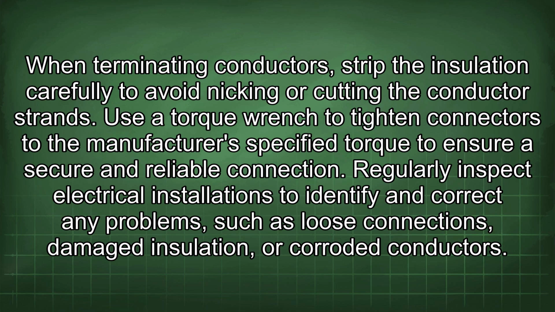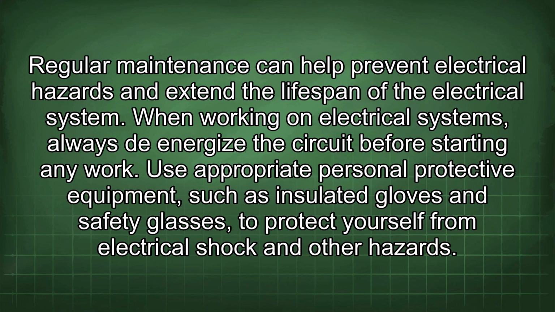Use a torque wrench to tighten connectors to the manufacturer's specified torque to ensure a secure and reliable connection. Regularly inspect electrical installations to identify and correct any problems such as loose connections, damaged insulation, or corroded conductors. Regular maintenance can help prevent electrical hazards and extend the lifespan of the electrical system.